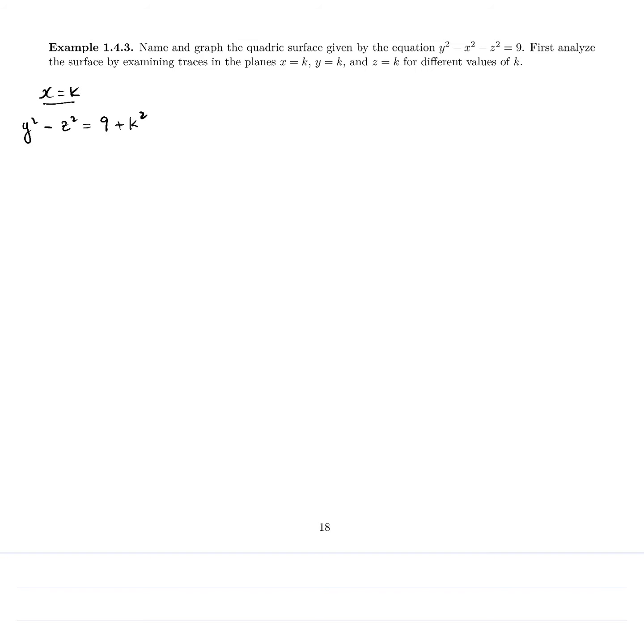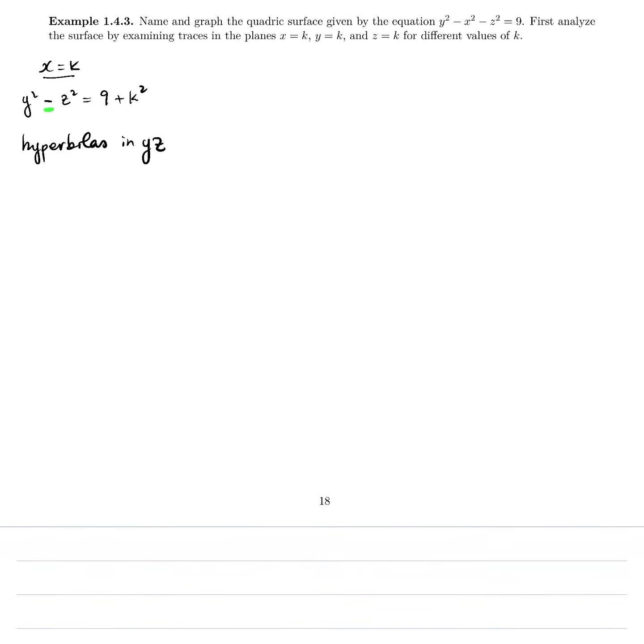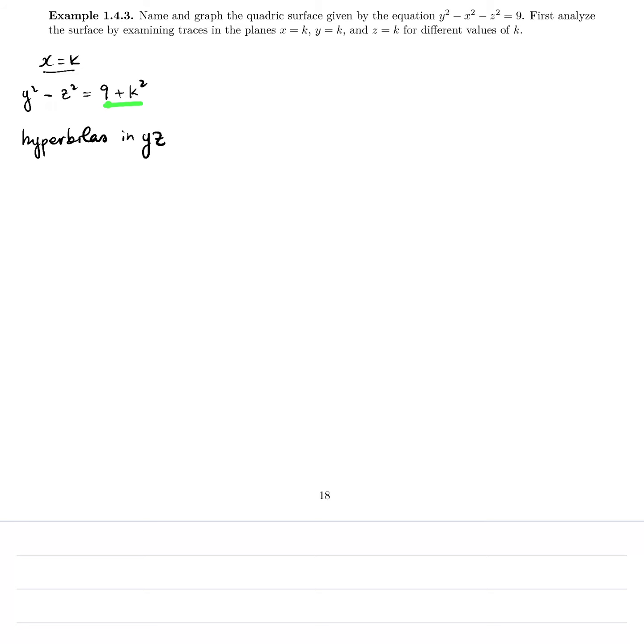So we have here coefficients that are of different signs, and so that means that we have hyperbolas in yz, and the fact that we've got different signs here means that k can actually take any value.